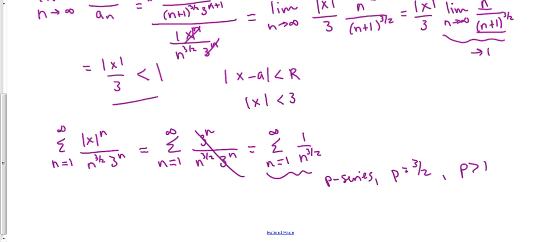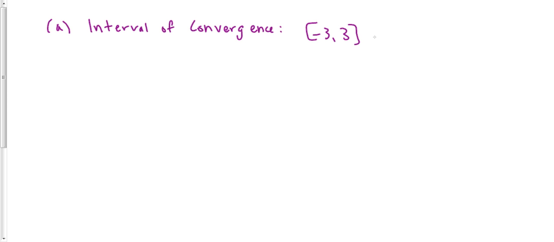So let's sum up what our answers to the questions are going to be. So for part A, we're going to say that the interval of convergence will be -3 to 3. And yes, I do want square brackets because this series converges at the endpoints, 3 and -3, as well as the interval in between.